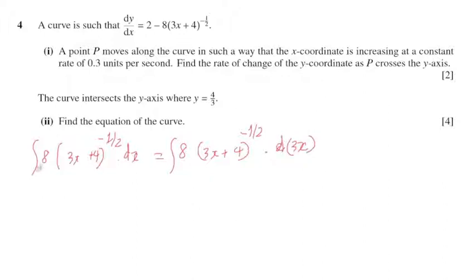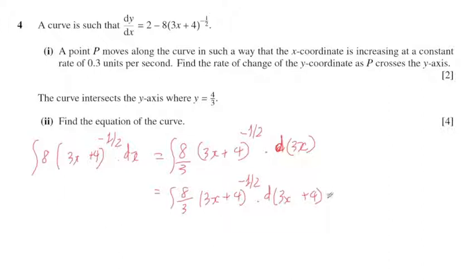Because the original integral has no 3, to keep it unchanged I have to divide by 3. And then I will change d of 3x to d of 3x plus 4, because when I add 4, d of 4 equals 0, so it is unchanged for the original function in the integral, and I don't need to change anything outside of the d.